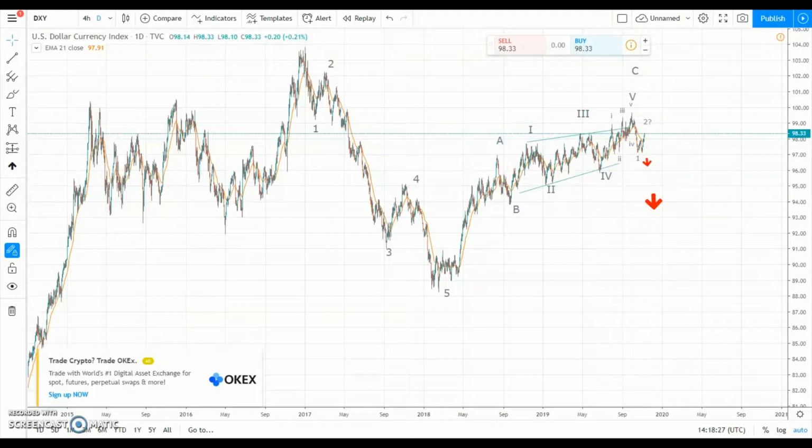And what's special about this pattern is the last wave within the ending diagonal was in itself an ending diagonal. So this is going to give it even more of a push, more of a violent ending if my analysis is correct.